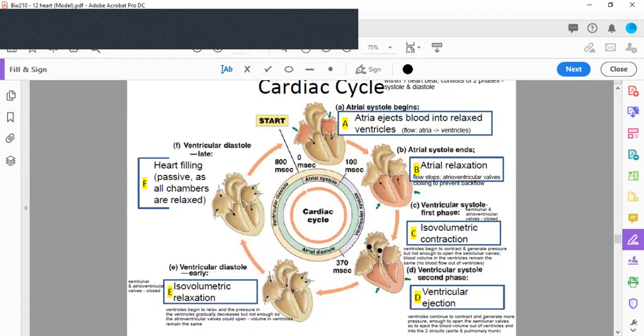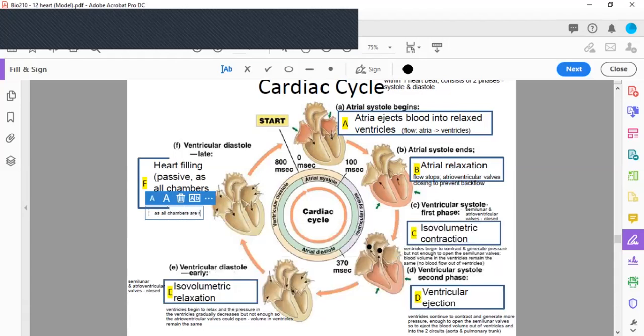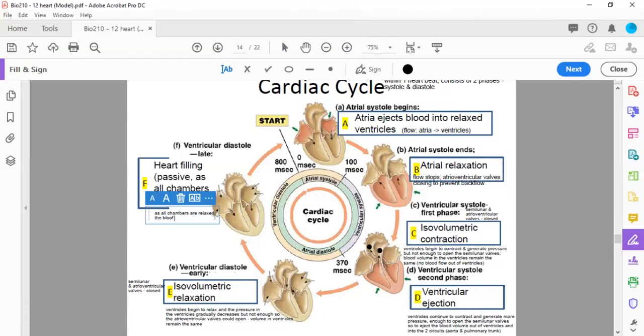That means all chambers are relaxed, and as all chambers are relaxed, the blood returns back into the heart, into the atria, from the two circuits, pulmonary and systemic.